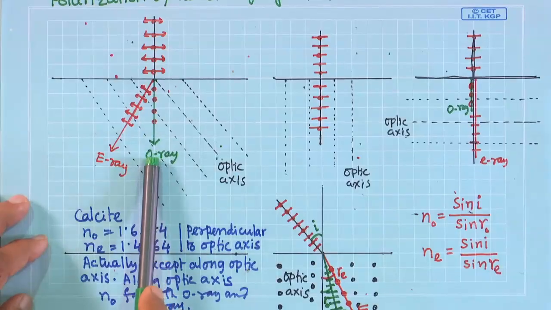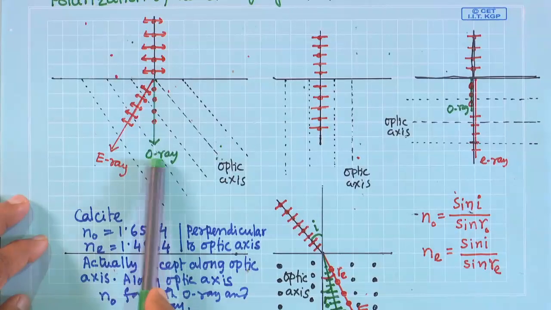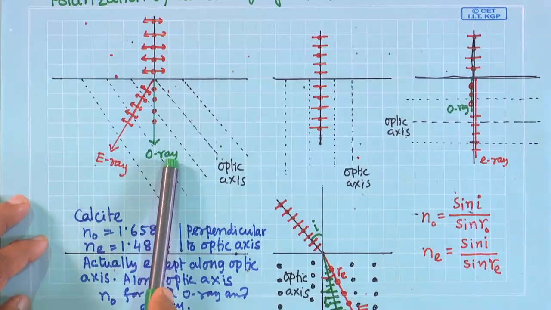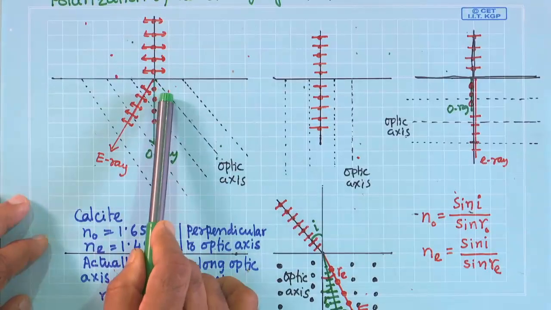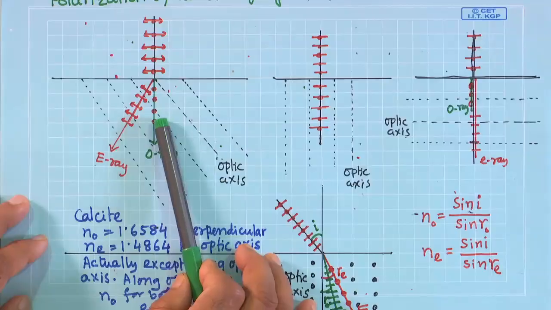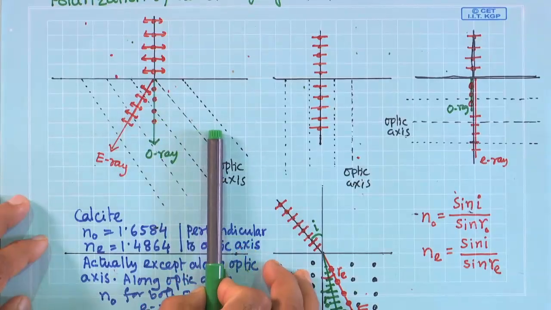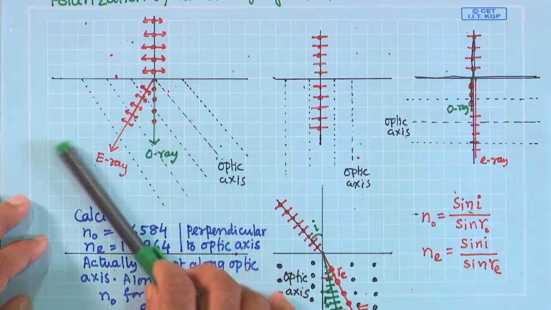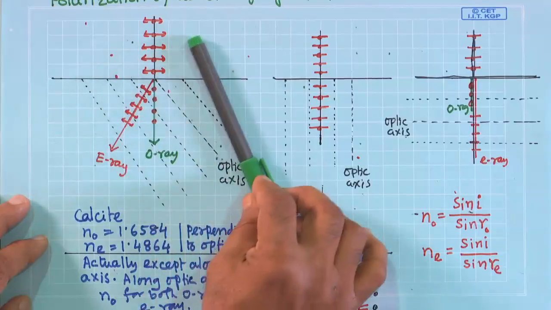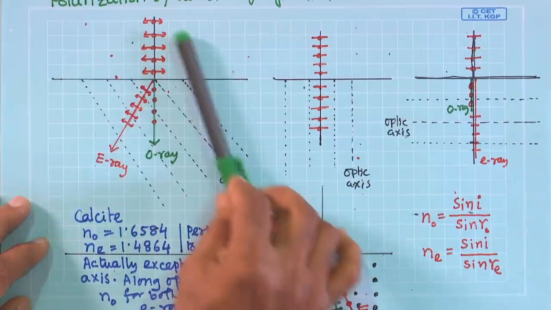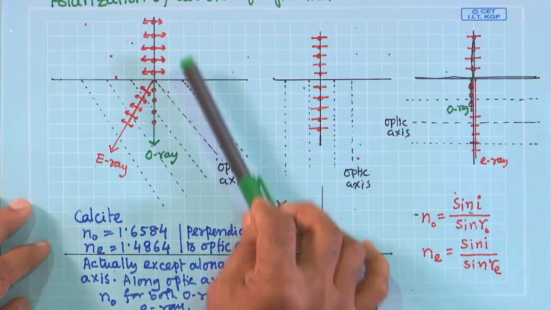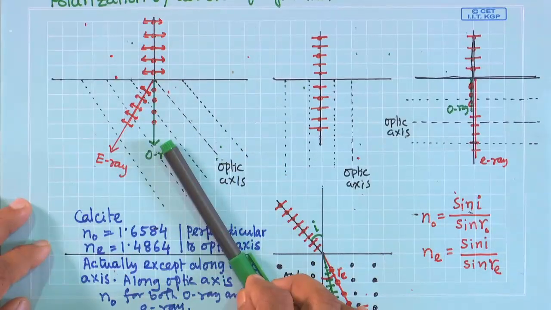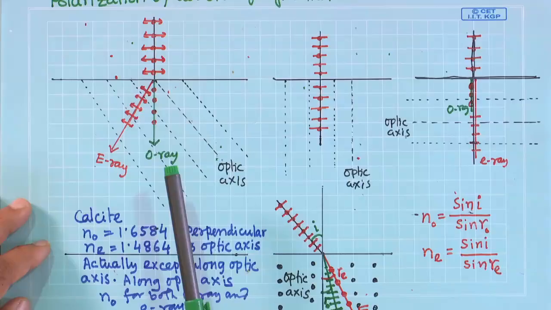That is basically the O ray. It is sigma polarized light, and this electric component will be perpendicular to the optics axis, because this optics axis is on the plane of incidence. So, O ray is sigma polarized light.